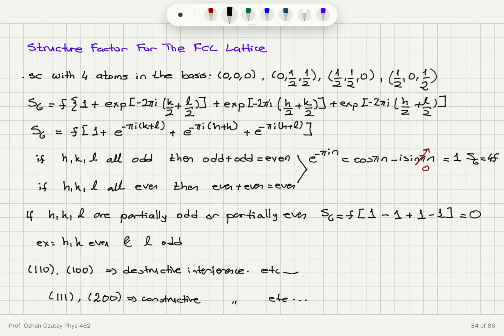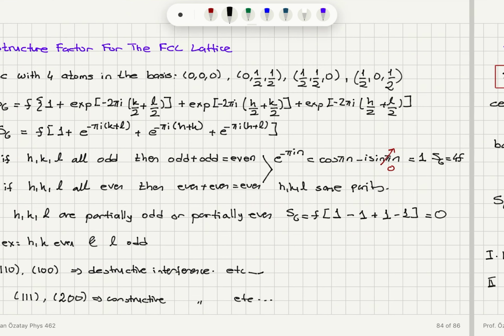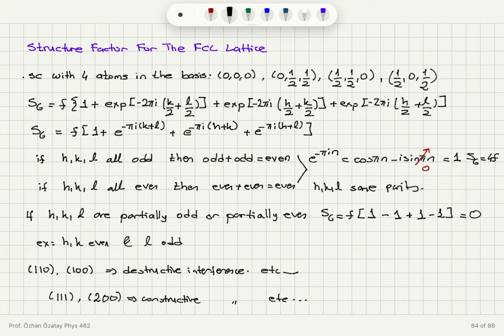So if they have the same parity, the scenario is that I will obtain an even number, e to the minus i pi n, cosine pi n minus i sine pi n. For this, the second one will be 0, and for cosine pi n, where n is even, I will get 1. The geometrical structure factor will be then 1 plus 1 plus 1 plus 1 for f. So the same parity gives me this scenario.